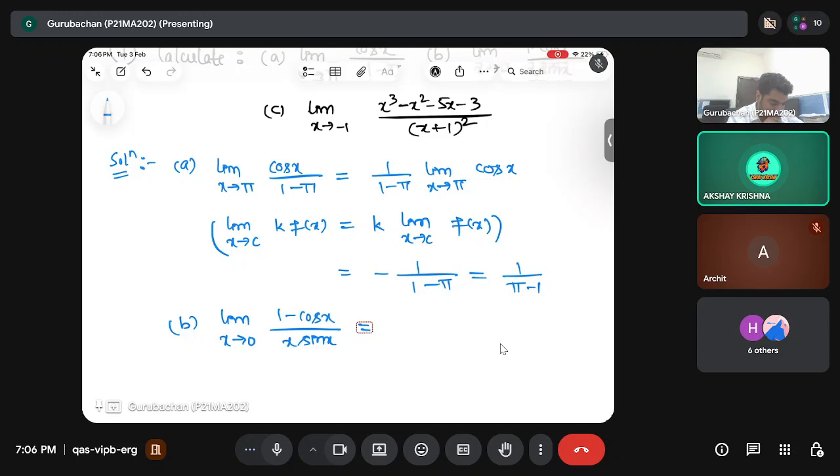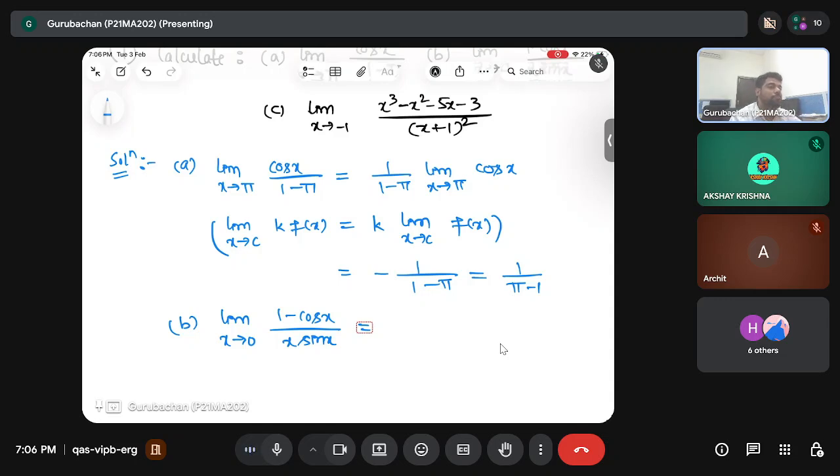Yes, sin 0 is 0. Okay. What about the numerator? That is also 0. So that means there is a possibility of the existence of a limit. If the numerator is non-zero and the denominator is going to 0, then the limiting value might not exist, or you can say it is guaranteed that it will not exist. So here there is a possibility.